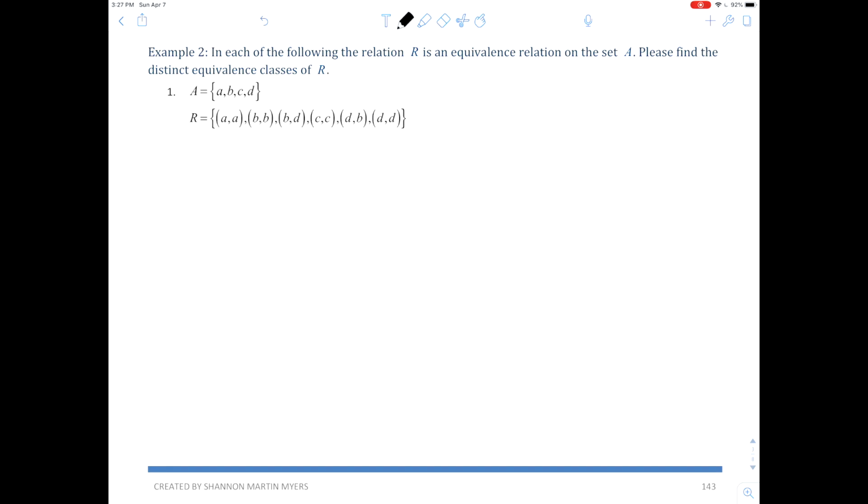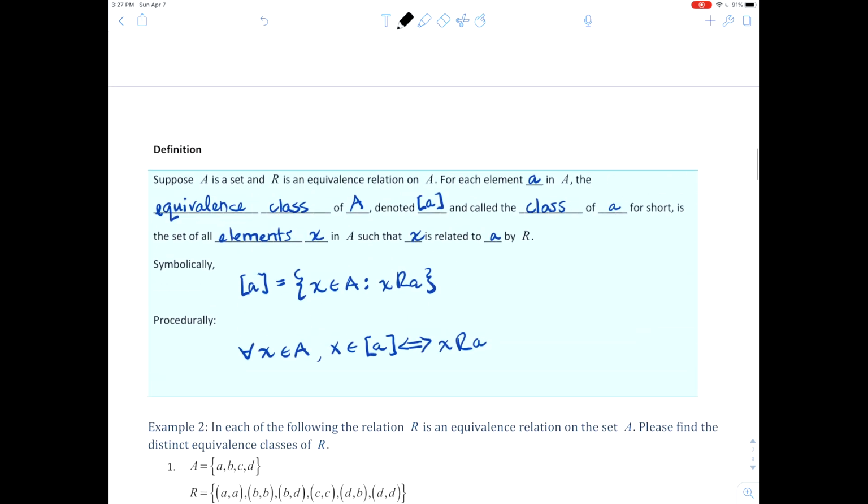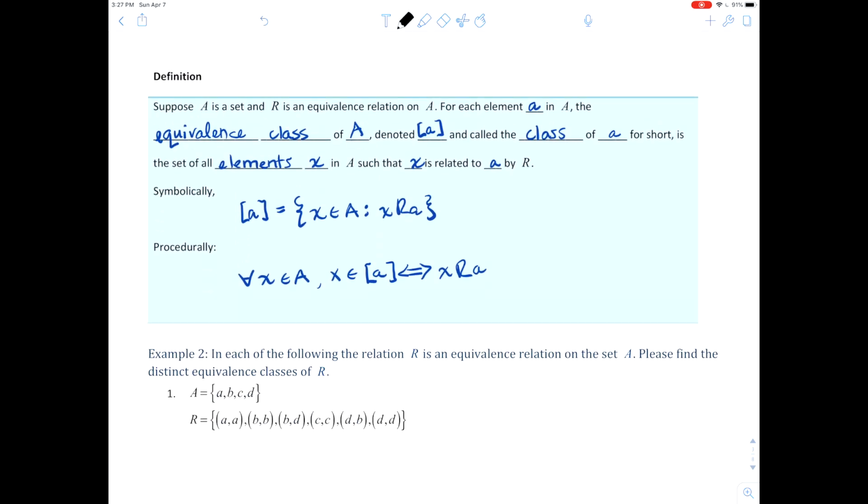Here we've been given in this example that this given relation R is an equivalence relation on the set A, all right? So we can utilize the definition that we went over here for this computation.